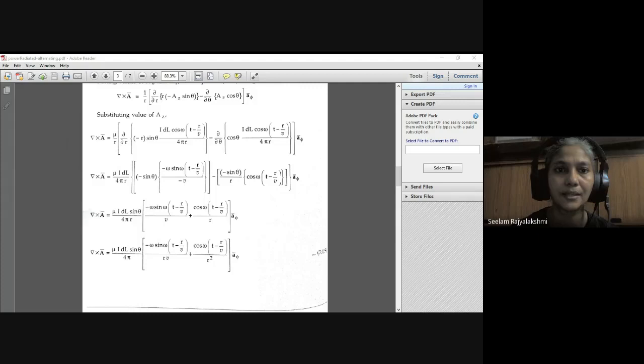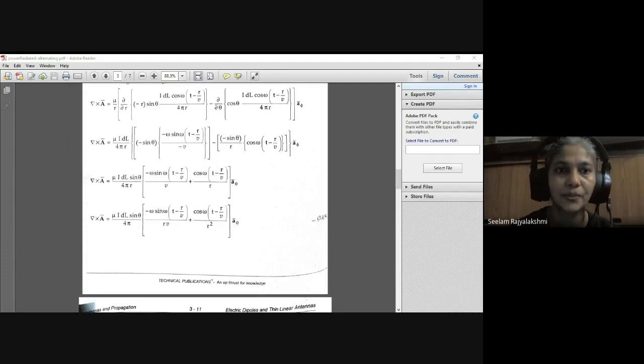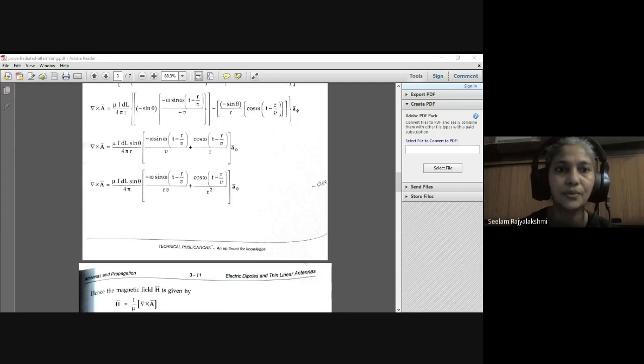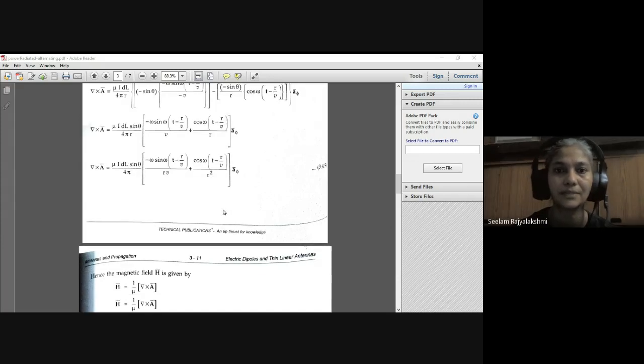By bringing these constants out, and with respect to ∂/∂r, we will obtain del cross A equals to mu I dl sin theta by 4 pi r [minus omega sin(omega t minus r by v) plus cos(omega t minus r by v) by r] into a phi. Here we have taken sin theta common. So del cross A equals to mu I dl sin theta by 4 pi [minus omega sin(omega t minus r by v) by r v plus cos(omega t minus r by v) by r square] into a phi. By sending r inside, we will obtain this one.